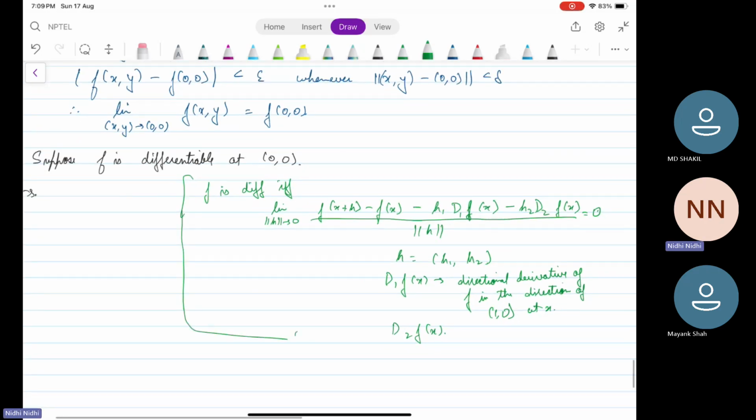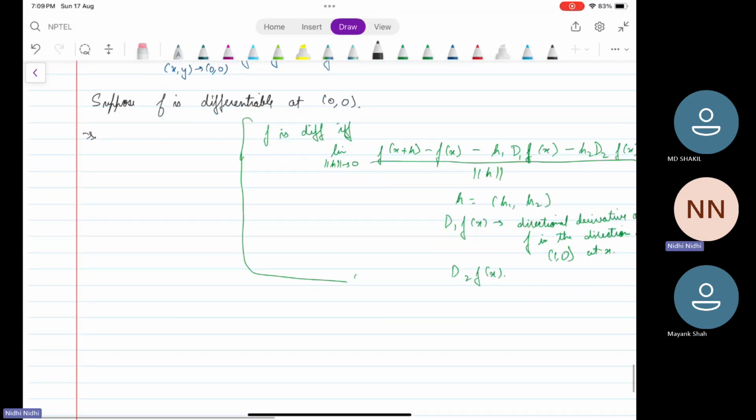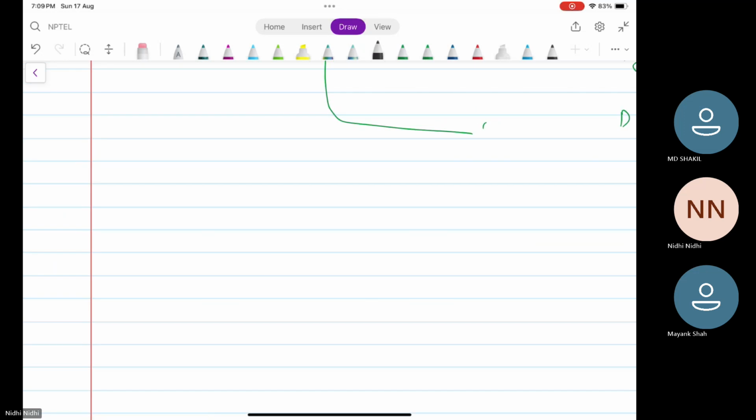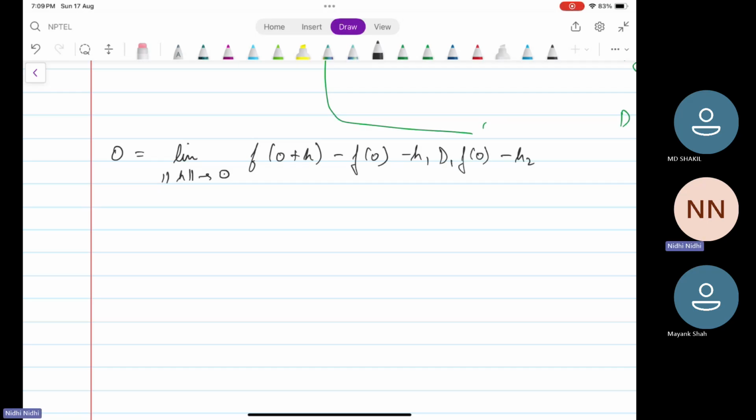So now if f is differentiable in our case, that means 0 is equal to the limit as norm h tends to 0 of f(0 plus h) minus f at 0 minus h1 d1 f at 0 minus h2 d2 f at 0, divided by norm h.